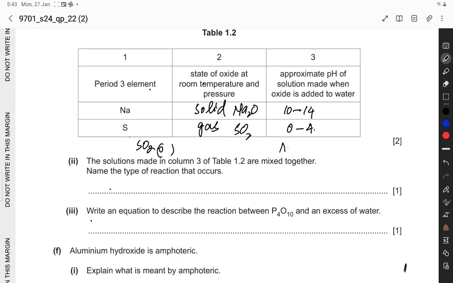When Na2O is mixed with sulfur dioxide, it forms Na2SO3. This is an acidic oxide, and this is a basic oxide. When these two oxides react with each other to form a salt, the type of this reaction is an acid-base reaction.